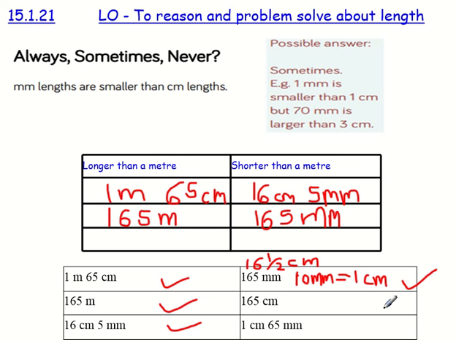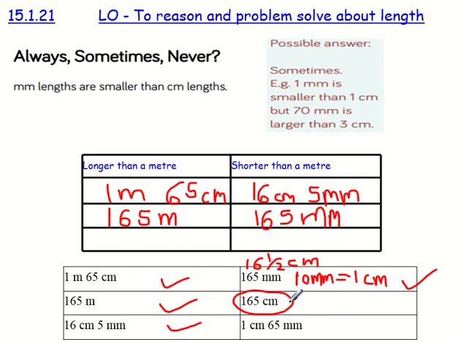And then let's move on to our next one. This is our number 5. It is 165 centimetres. So not the tiny millimetres, but the centimetres. Okay, so 165 centimetres. How many centimetres in a metre? 100. And we've got 165.